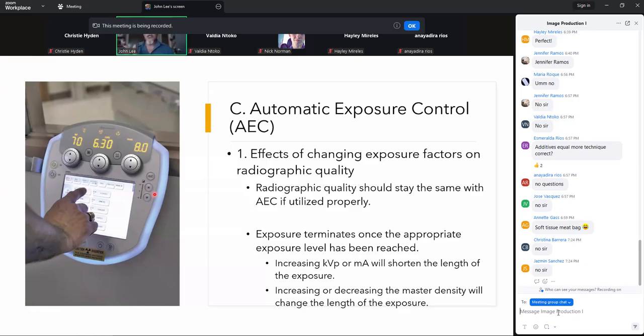Short exposure, long exposure. All right. If you need to change the amount of radiation that reaches the receptor, you need to adjust the master density. Adjusting your kV and your mA using the AEC doesn't change the amount of radiation that you're going to produce. Okay, it adjusts the time of that exposure.